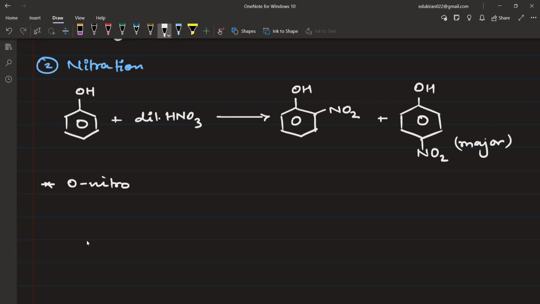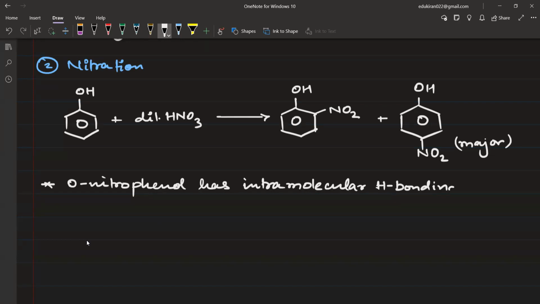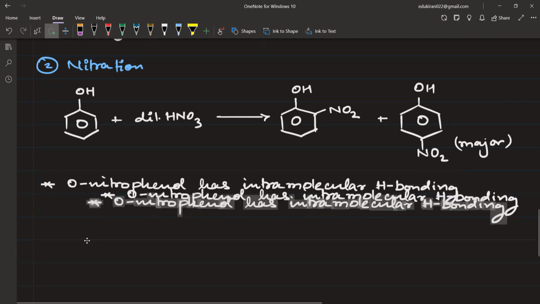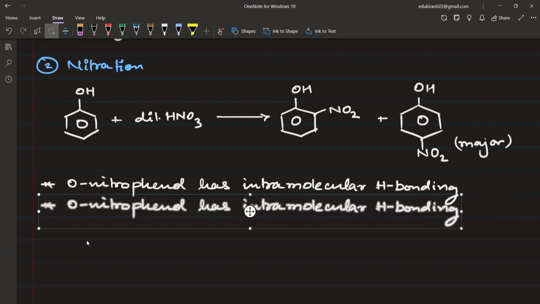O-nitrophenol has intramolecular hydrogen bonding, P-nitrophenol has intermolecular hydrogen bonding.